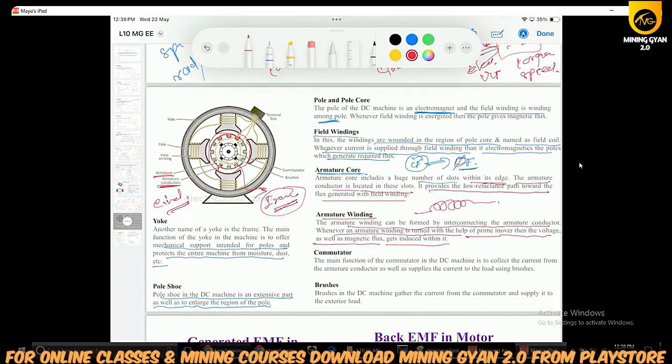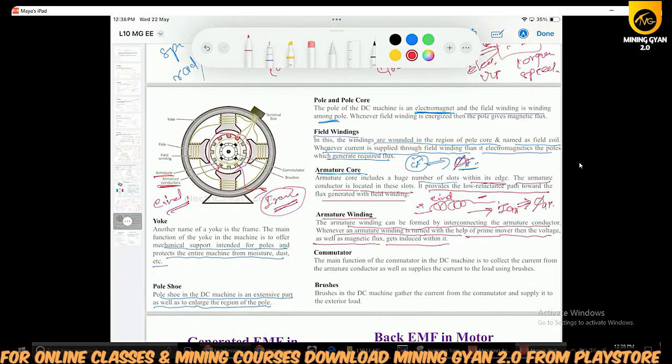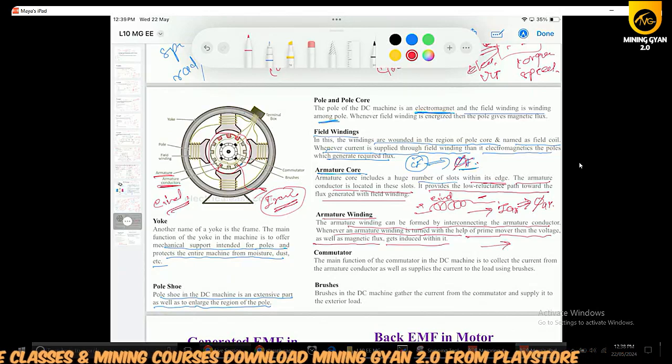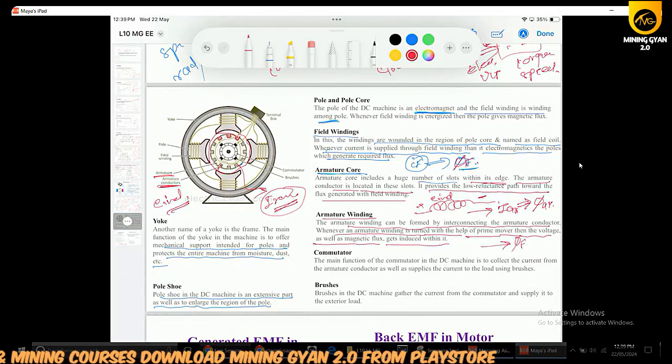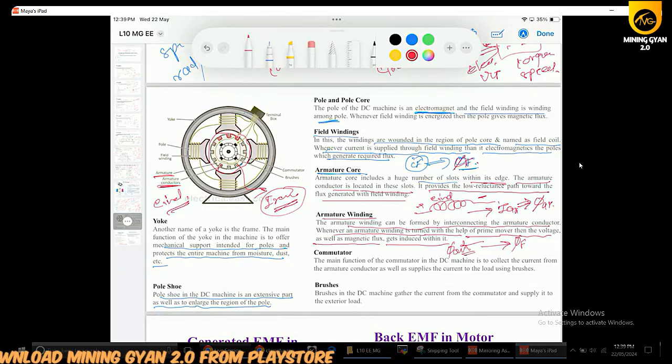One flux is there due to the field winding, and the other will be there because of the induced voltage across the armature winding, such that there will be armature current, and because of the armature current there will be armature flux, phi AR. Phi F and phi AR will be in the same direction or in opposite directions, and based on that we classify magnetization or demagnetization inside the machine.